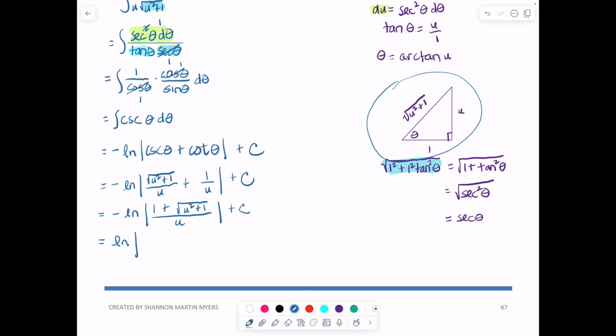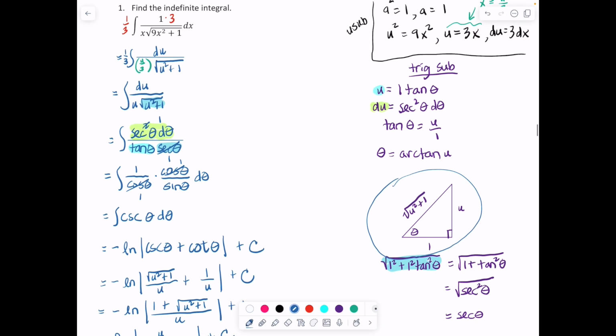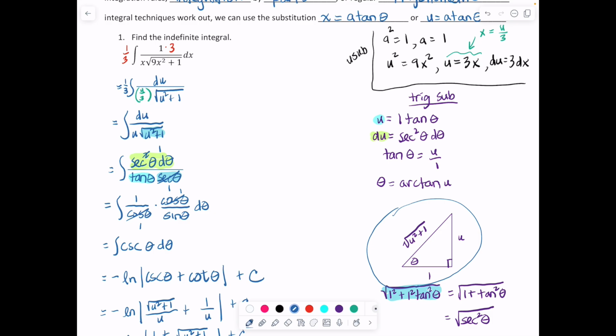So you'll have natural log absolute u over 1 plus the square root of u squared plus 1 plus our constant of integration, and then back substituting for our original substitution, u was equal to 3x. That's from up here.